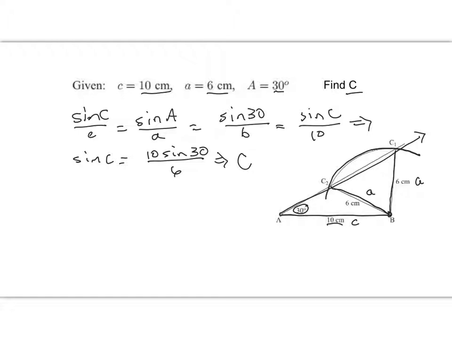And then C equals arcsine of 10 sine of 30 divided by 6. Again, you should be in degrees because we are working on triangle trigonometry. When I plug that into my trusty calculator, I get that C is equal to 56.44 degrees.